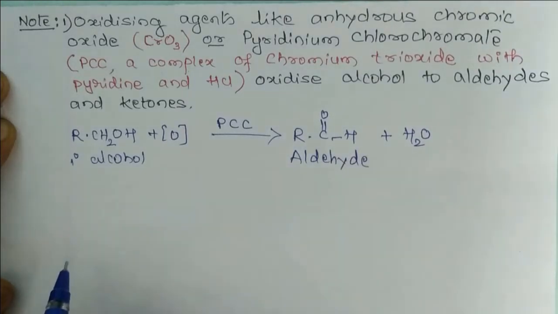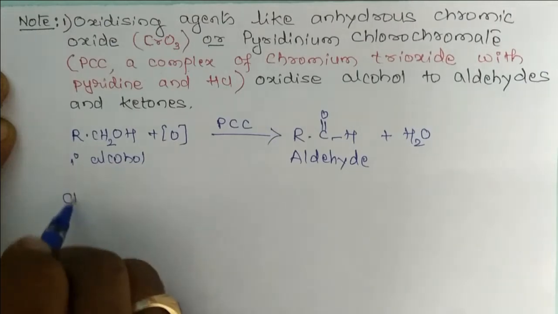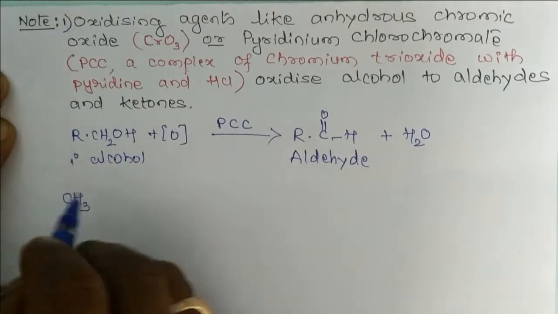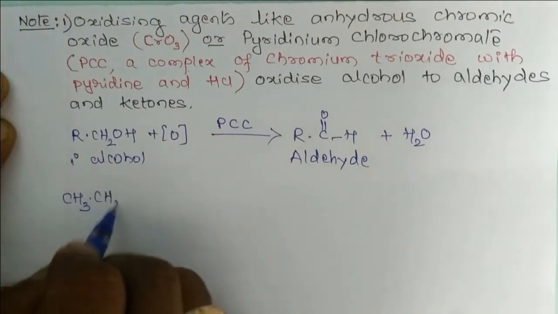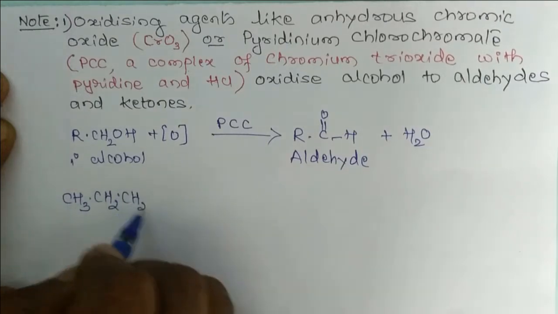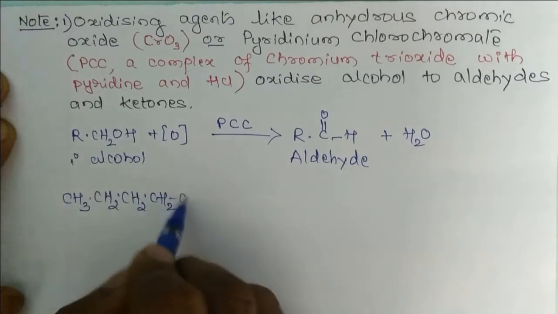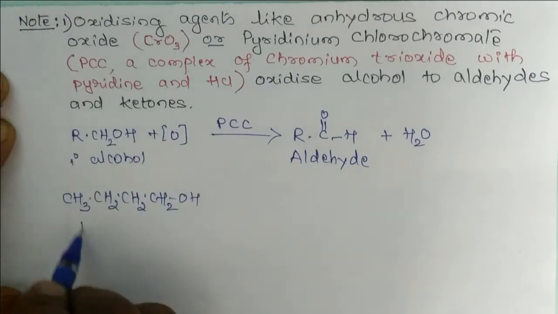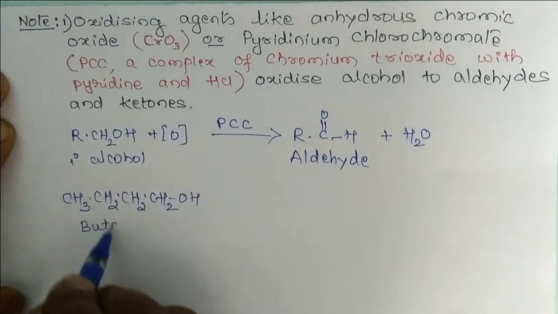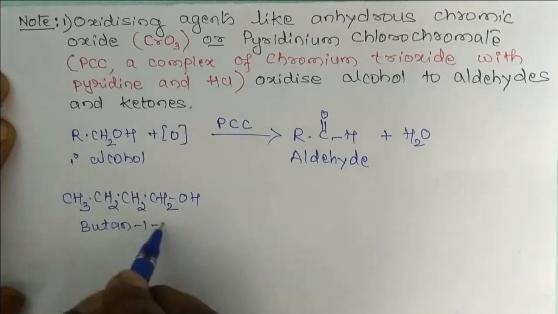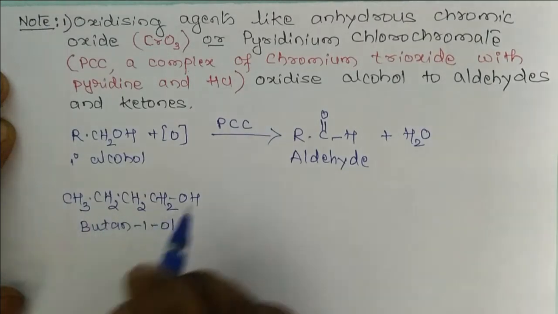Example, butan-1-ol, CH3CH2CH2CH2OH, butane 1, 2, 3, 4. This is butan-1-ol.